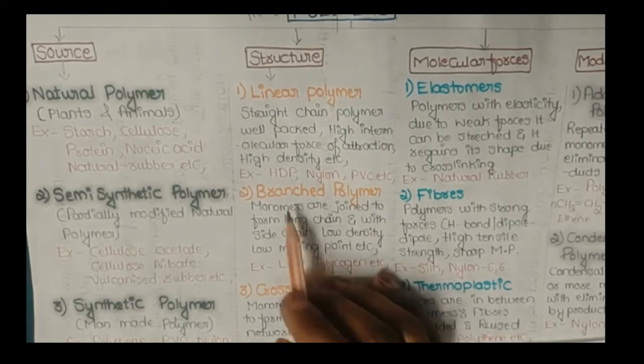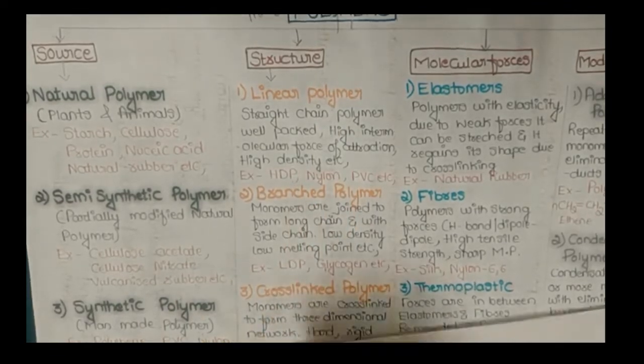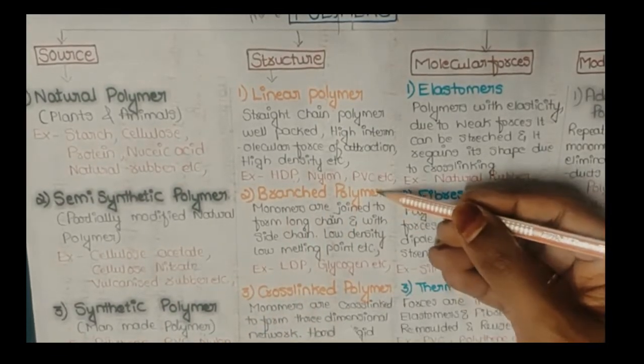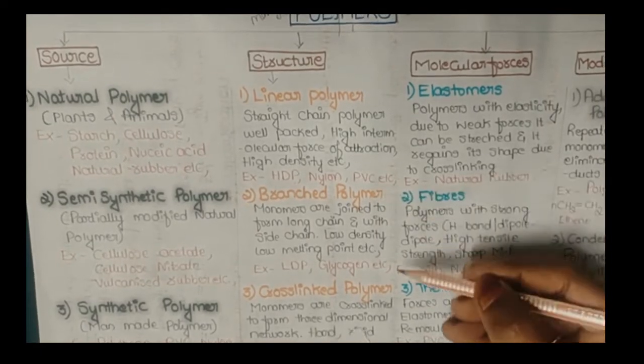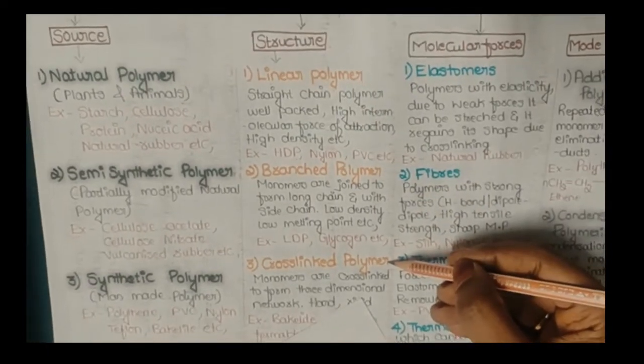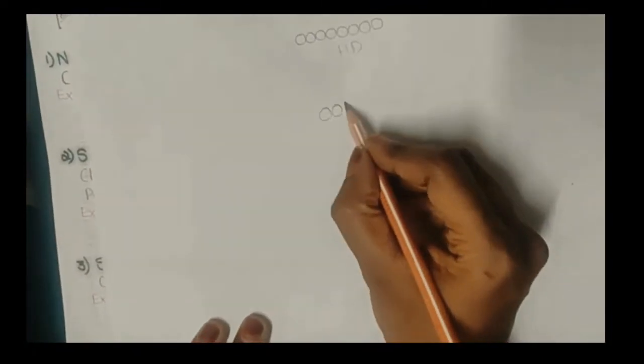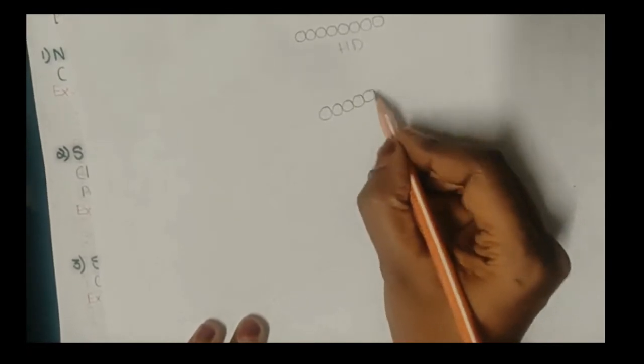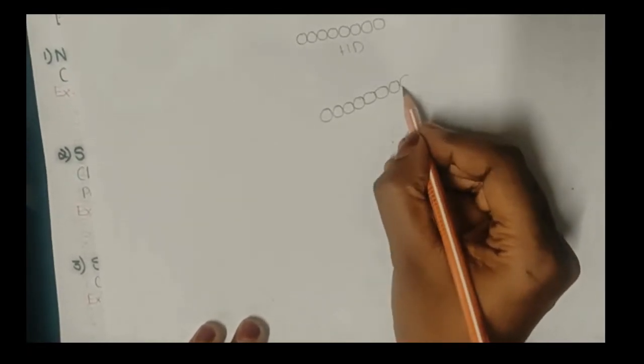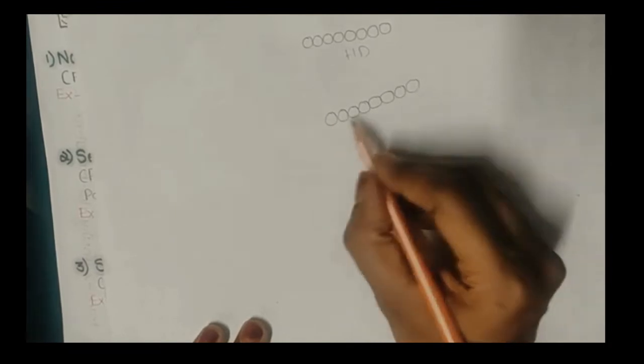So the next is branched polymer. Here you should know the difference between branched polymer and cross-linked polymer. In the case of branched polymer, the monomers are joined together to form a straight chain.